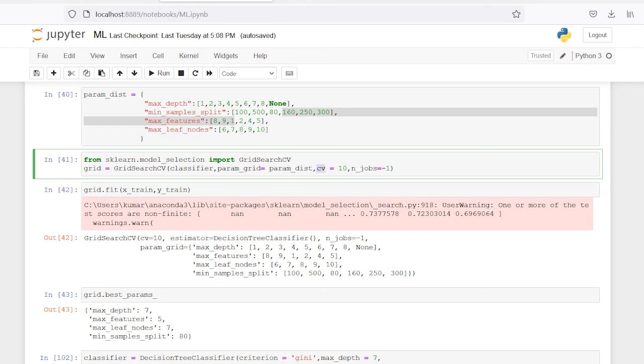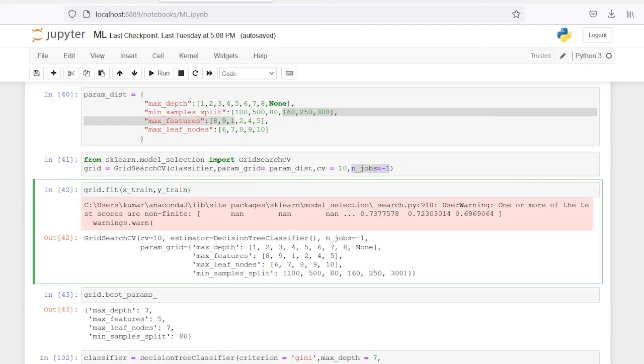The cross validation number is 10, which is considered optimal, and I want to use all of the processors available in my laptop to do the job. Then I have fitted it to my training set.